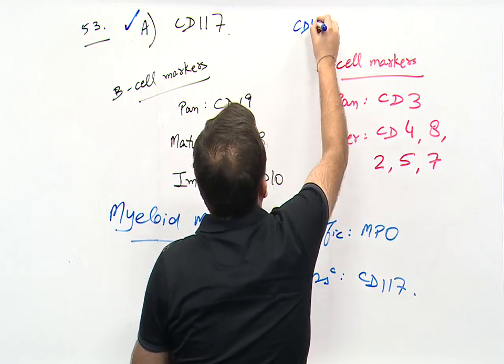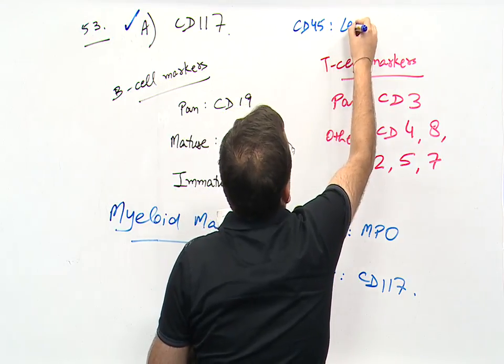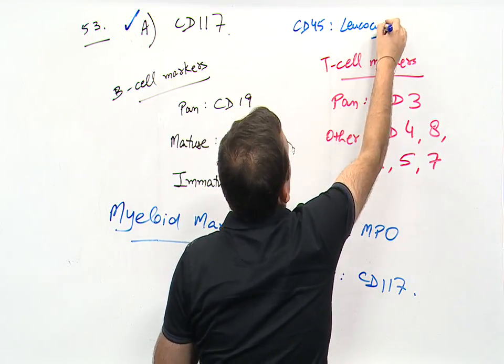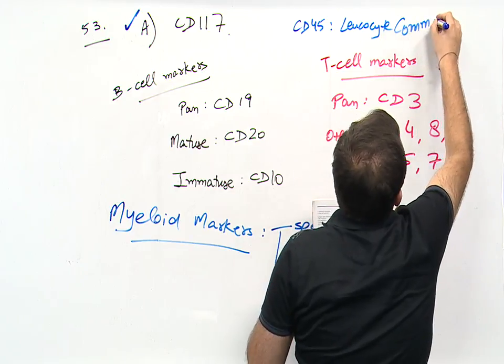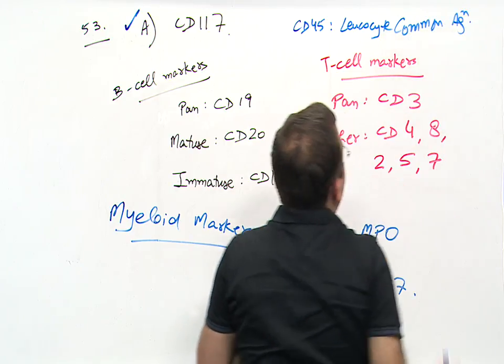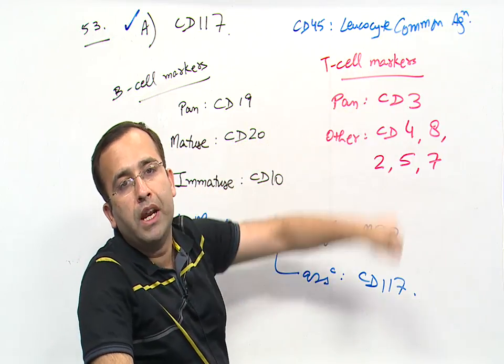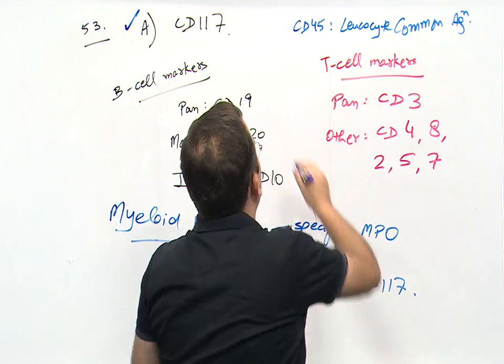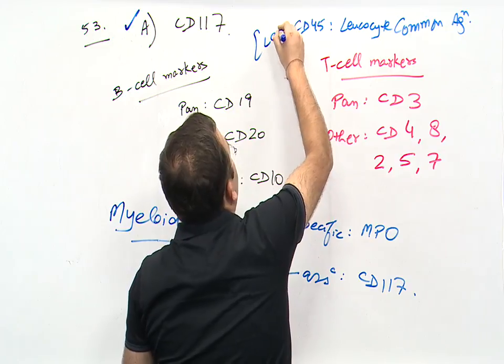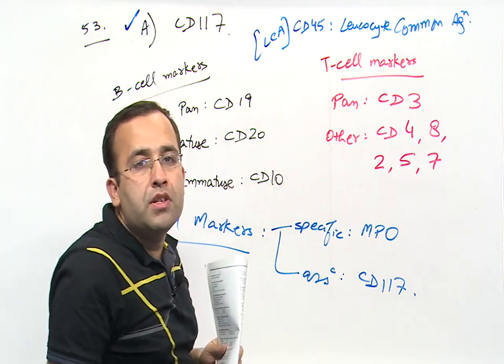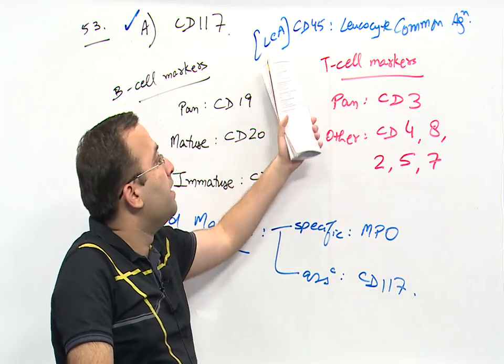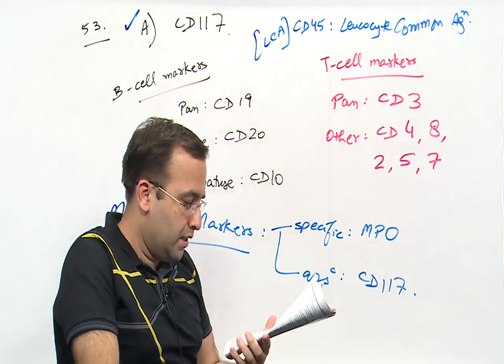Because CD45 is the leukocyte common antigen, also called LCA, present on all the leukocytes.